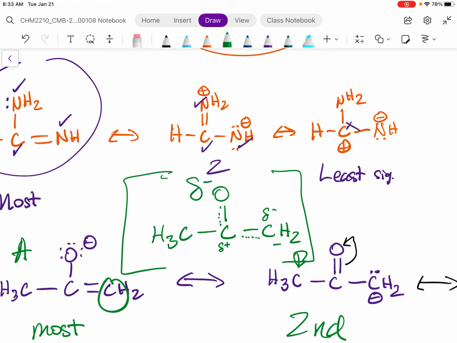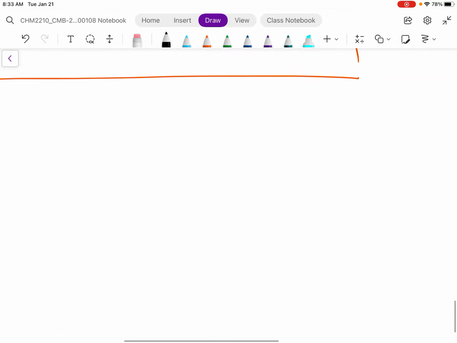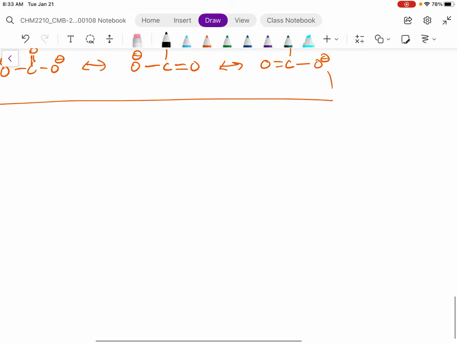Okay, let's see, it's 11:33. Okay, it's apply time. I'm going to give you three structures here.